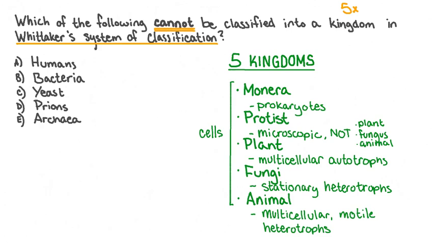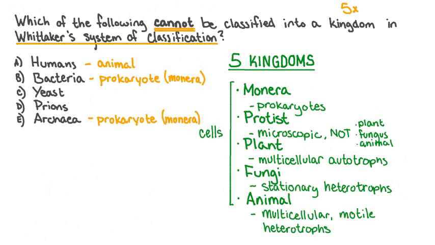Now, let's take a closer look at our 5 answer choices. Humans are complex multicellular organisms that have the ability to move about. We are considered animals. Both archaea and bacteria are single-celled organisms that do not possess a nucleus.